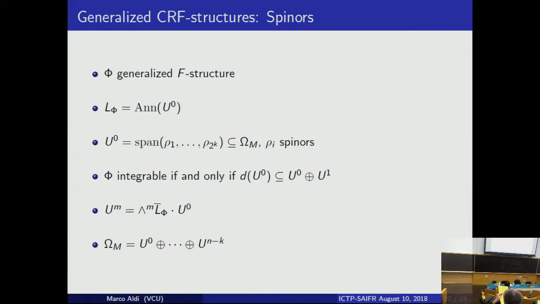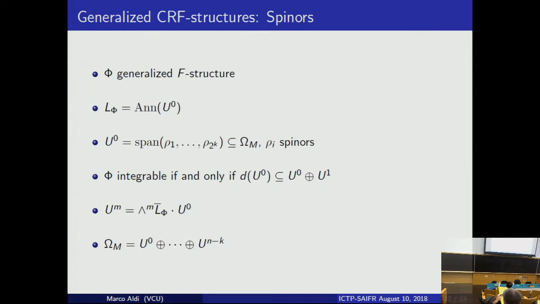So if you start to generalize the F structure, remember that is an endomorphism of the generalized tangent bundle, with phi cubed equal to minus phi, and is orthogonal. Then you can look at the square root of -1 eigenbundle, and as it turns out, this will also be the annihilator of some space of forms.